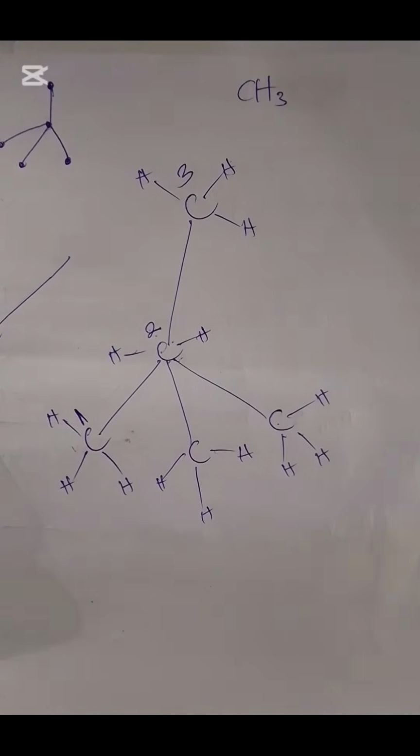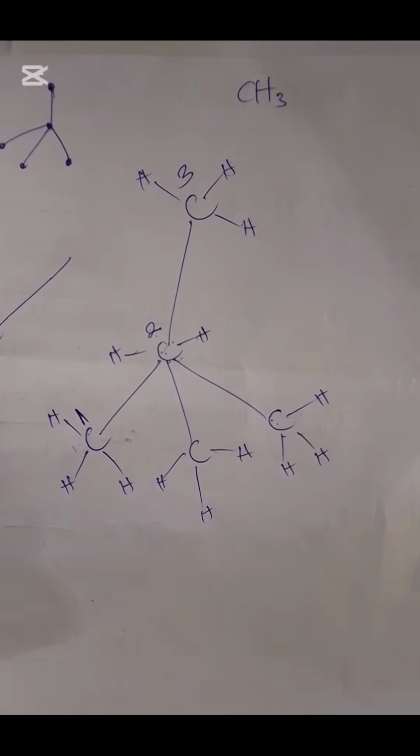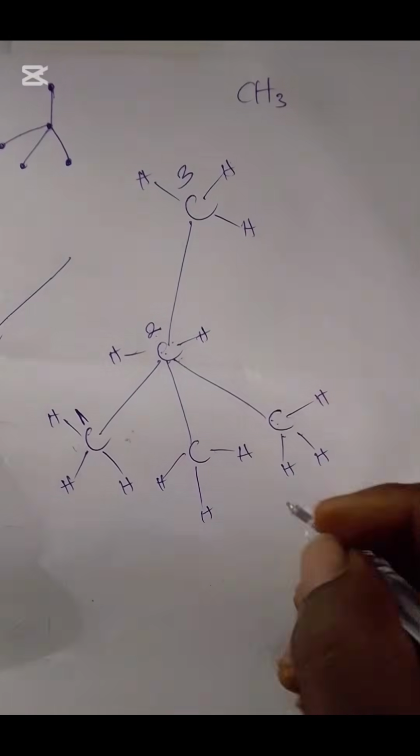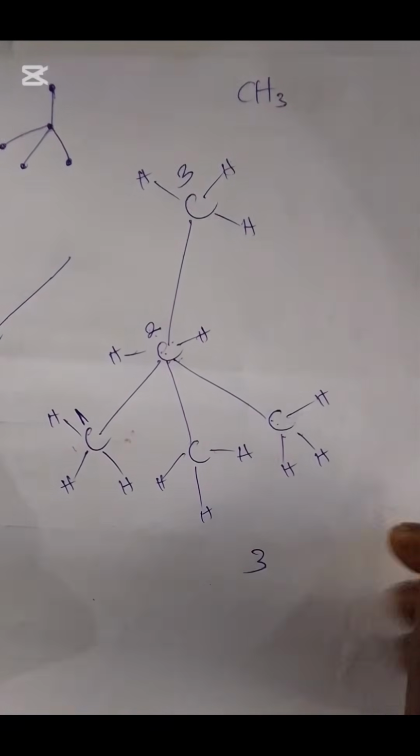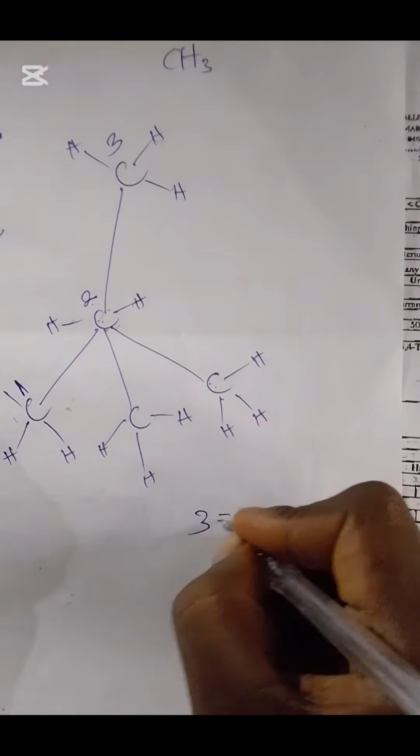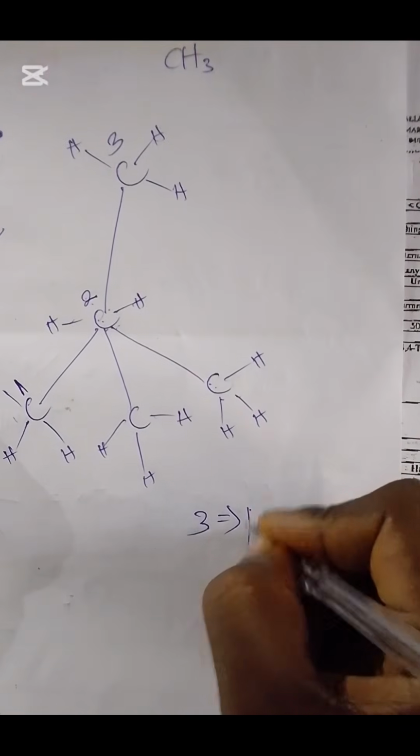Also, if we are moving in this direction, 1, 2, 3, we are still going to obtain the same number of carbons in the parent chain. So we have 3, and this 3 represents propane.